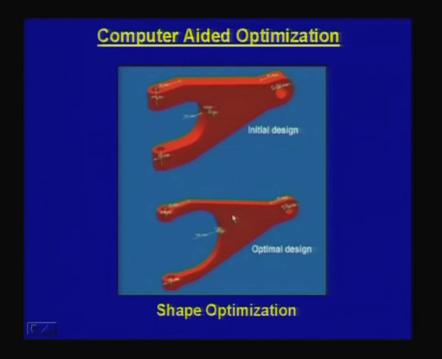Both do the intended function satisfactorily, but the optimal design weighs much less than the initial design, and its manufacturing cost would be much less, because it uses less raw material.